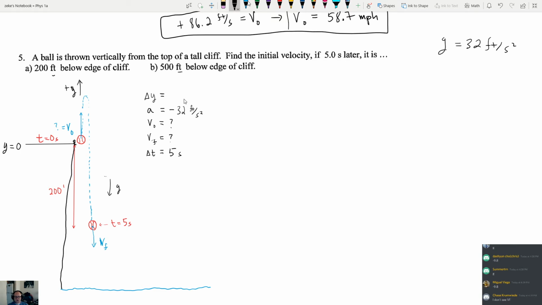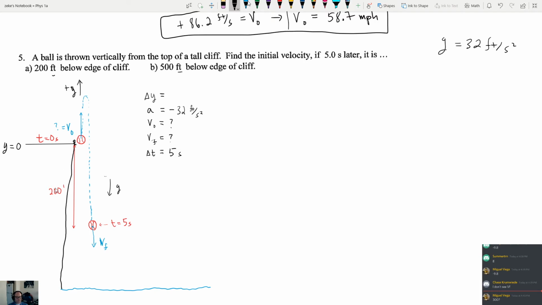That's okay. Delta y. This is the part that's going to be a little tricky, and you will probably make mistakes on this one, so be careful. What should my delta y be in this case? Oh shoot! Is my head covering? No, that's fine. What's delta y going to be? 300?